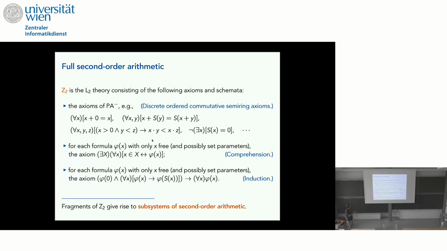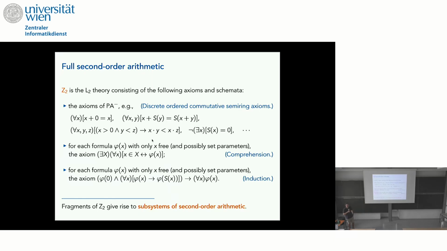If you give me any formula phi in this free variable, then there's an axiom that says there is a set x, a second order variable, such that the elements of it are exactly the things satisfying that formula. And we have induction. If you have a formula phi, then we have the usual statement of induction: if phi holds of 0, and whenever it holds of x it also holds of x plus 1, then it holds for all x. You have full induction, full comprehension.